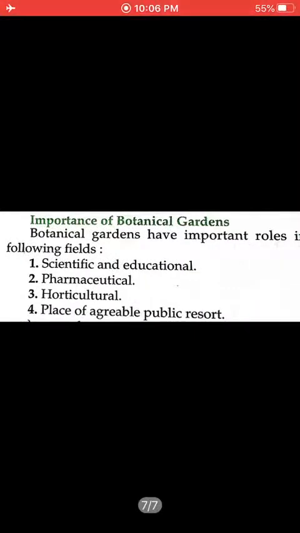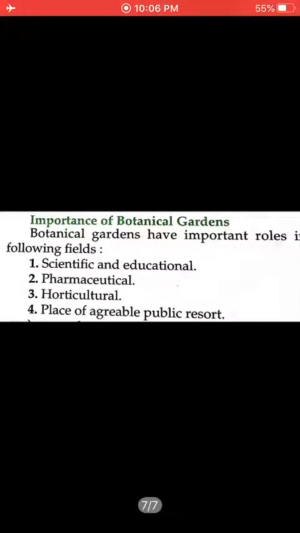Now the last is botanical gardens' importance. I already told you it is scientific. From a scientific point of view, we came to know the various sorts of plants and animals present. Botanical gardens have various sorts of plants, their medicinal use, and their breeding to make new species which are more useful.